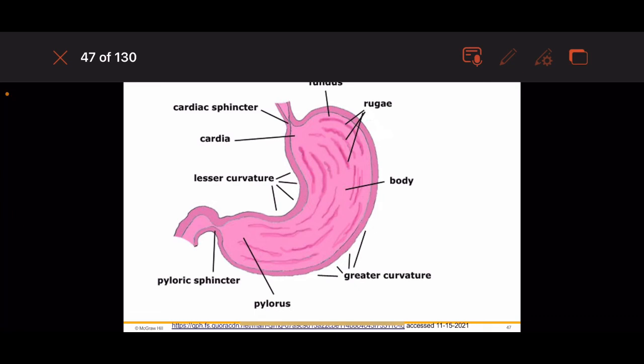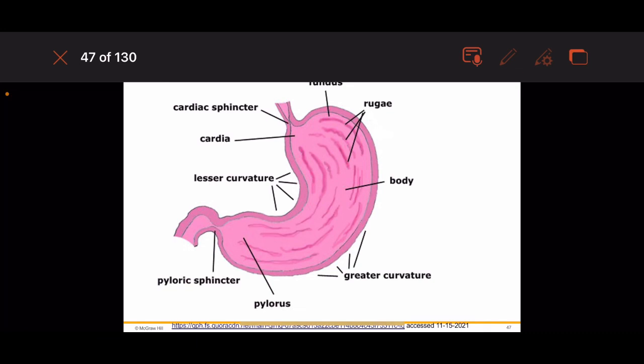The fundus is the top belly, like the top of the head. The body is the primary part, sloping down, to the greater curvature, the tush, as somebody called it once in one of my classes, and I do like that term. The pyloric sphincter is right here.